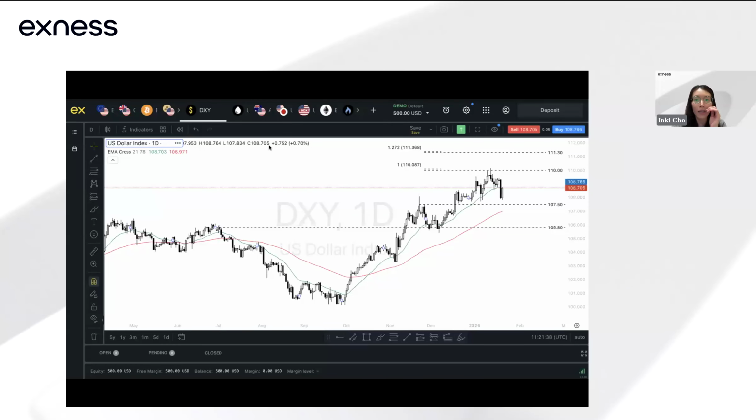It should be showing the Exness web terminal. Can you guys see my screen clearly? On my side, I can't seem to see how it looks like. It's just pitch black. No? Okay, that's strange. Okay, what about this now? This should show the Exness web terminal dollar index chart. Are you guys seeing that on the screen? Okay, thank you so much, Sat. Awesome, this is great.